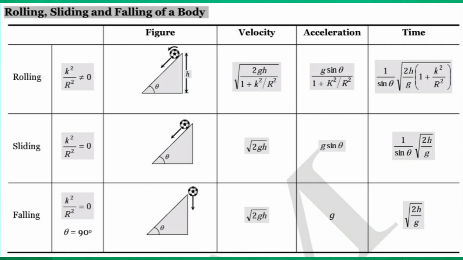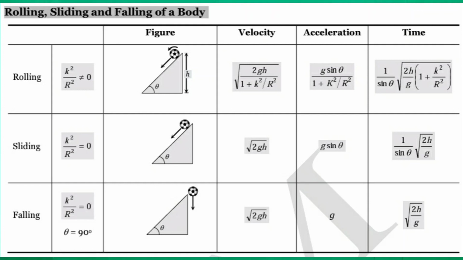And in sliding motion, velocity equal to root of 2gh. Due to gravity effect, we will take only the vertical height, that is why root of 2gh, or we can give k square by r square equal to 0. Then you will get root of 2gh, and acceleration is g sin theta, and time 1 by sin theta into root of 2h by g.